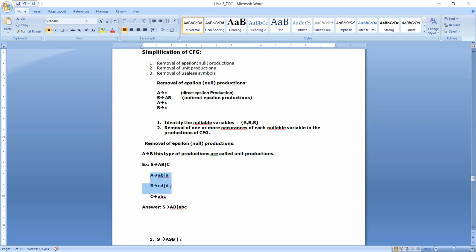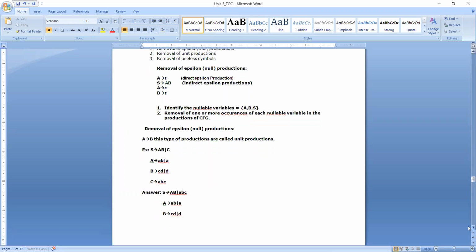So the A production will remain and the B production will remain. Then what happened to C? Now we don't have the necessity to make use of production C, because this production C has already been replaced with its equivalent production, small ABC.